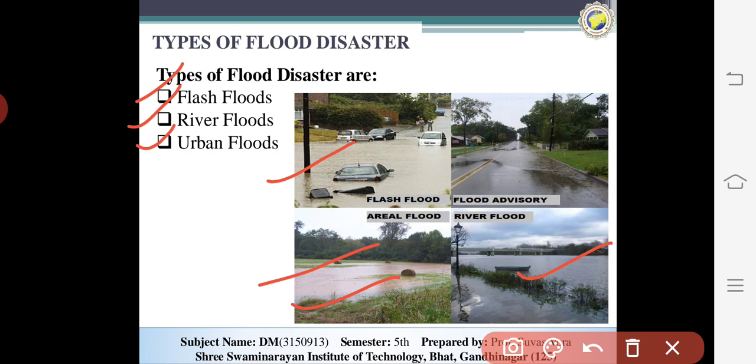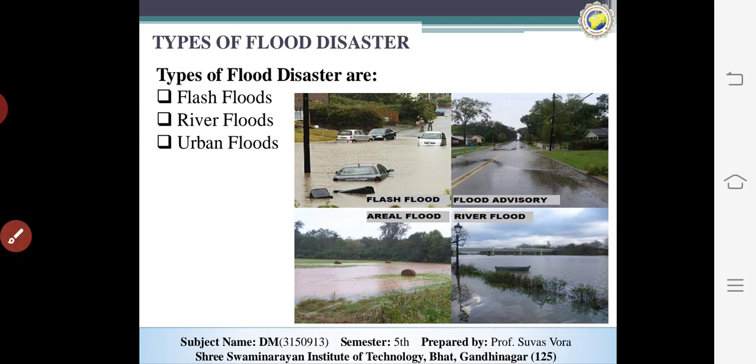So this one is the urban flood, one of the types of flood disasters. The others are coastal floods, ice jams, and glacial lake outburst floods, which are examples of types of flood disasters.